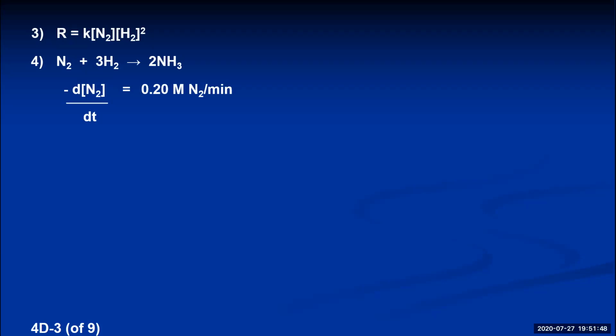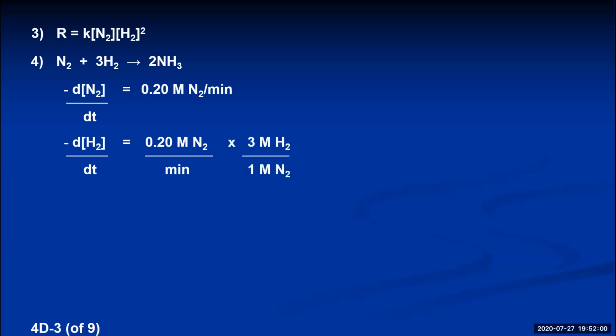To calculate what the rate of disappearance for hydrogen would be, we're going to start with the number we have for nitrogen, 0.20 molar of nitrogen per minute, and use the coefficients in the balanced equation to convert from nitrogen to hydrogen, which is a 3-to-1 ratio. And if we do that, we're going to get the rate of the reaction in the molarity of hydrogen reacted away per minute, which should be 0.60.